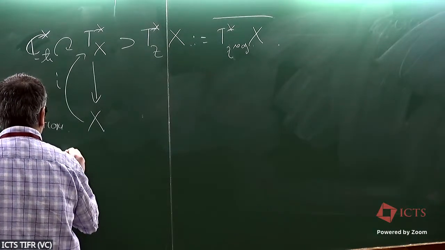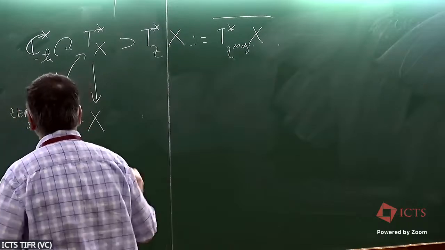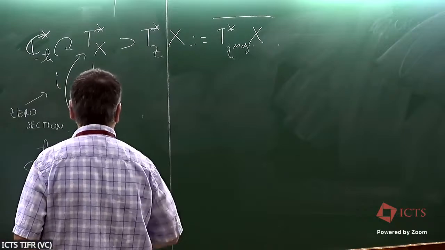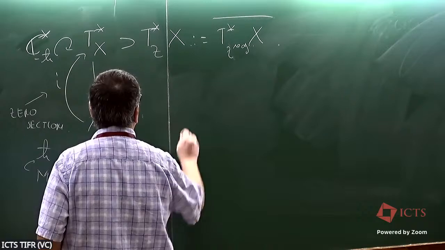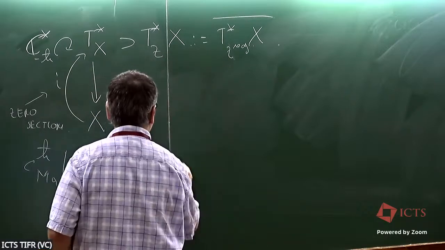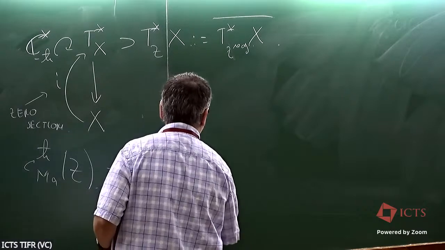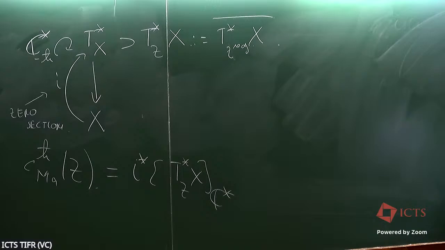So the mother class of Z, and then I'm gonna have to homogenize it, is equal to the pullback via the zero section of this conormal space, regarded as a fundamental class in C star equivariant cohomology of the cotangent bundle.